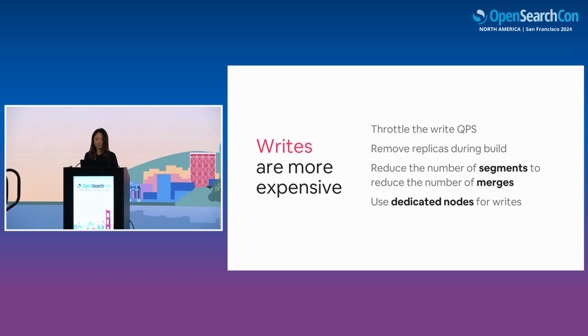Third, we reduced the number of segments that were flushed to disk to reduce the amount of merging. This isn't new to Lucene, of course, but this is even more important now than it was before. For us, we removed the auto refresh completely, but if you cannot do this because you need fast access to the writes, at least reduce the frequency as much as possible, because the default of 1 second is not ideal now.